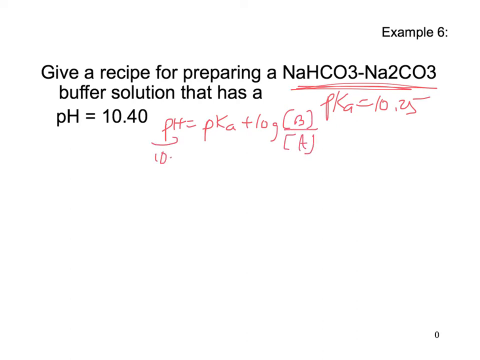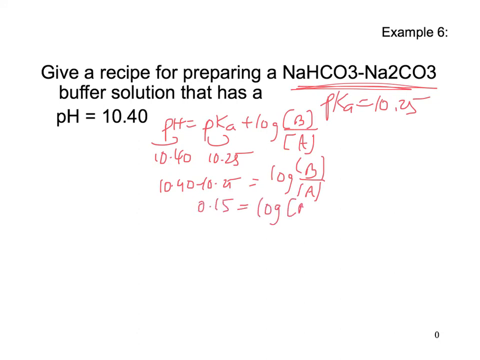This is 10.40, this is 10.25, so you can say that 10.40 minus 10.25 is equal to log of base over acid, which is 0.15 is log of base over acid.